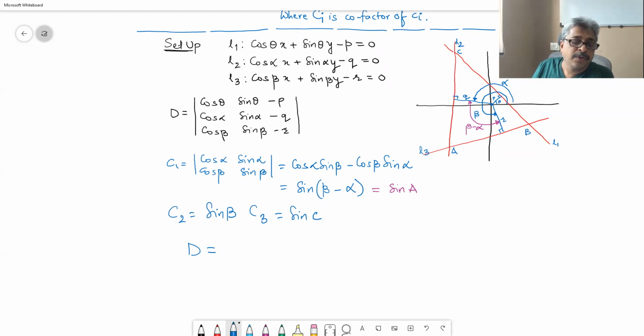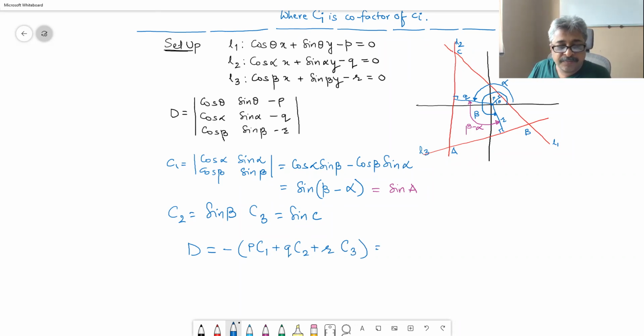and therefore D, the determinant, which we have learned yesterday how to expand. Now we will expand using third column, and anyway those are cofactors, therefore minus sign if we take out, we get p C1 plus q C2 plus r C3. Is that right?